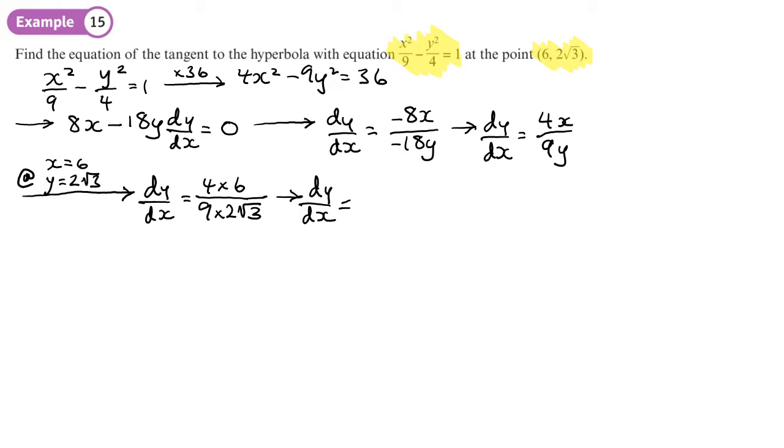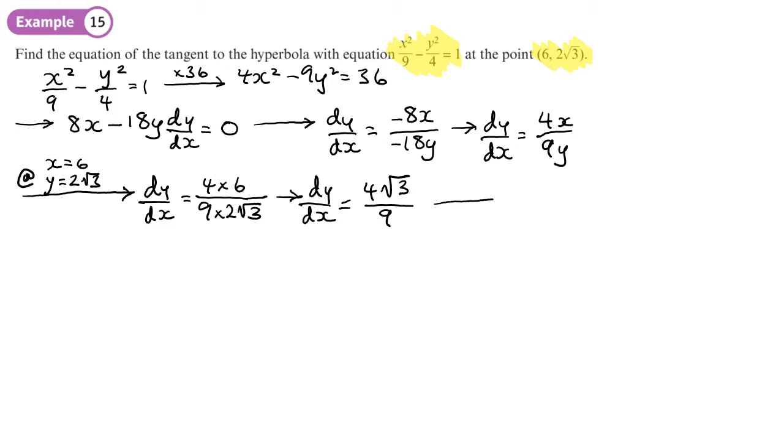That's basically 24 divided by 18 root 3, and that gives me 4 root 3 over 9. So there's my gradient. I don't need to change it because it's a tangent, not a normal.